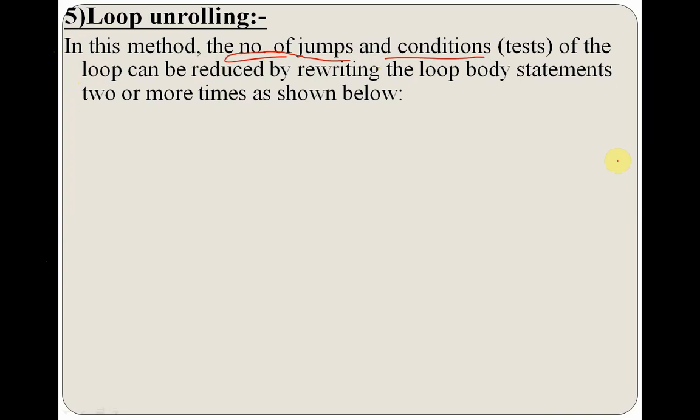Generally the processing time consumed by loops is more when compared with other statements, in particular when the loop contains jump statements, flow control statements, and conditions: verify this condition, if true then go to this location. Like that it contains jumps and conditions. So if there are multiple jumps and conditional statements, then it is better to reduce them if possible by rewriting the loop body statements.